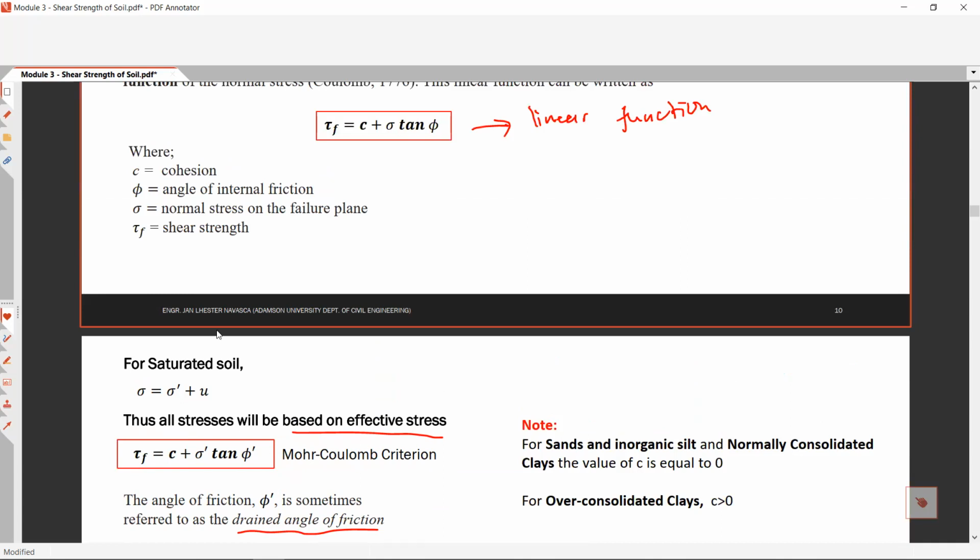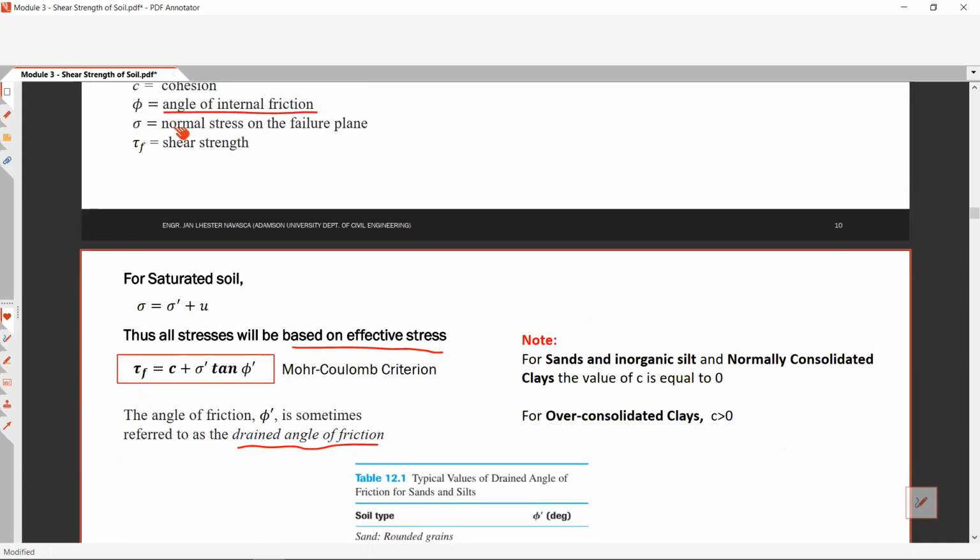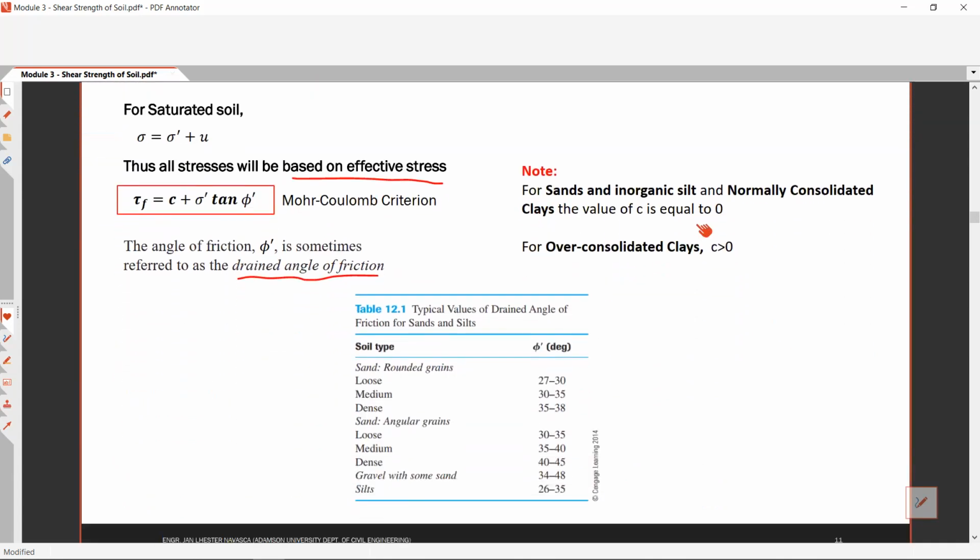Pag walang prime, that is the angle of internal friction. So take note, class, that for sands and inorganic silt and for normally consolidated clays, the value of cohesion, c, is equal to 0. And for over-consolidated clay, I think you all know by now what is normally consolidated and over-consolidated. For over-consolidated, the value of cohesion is greater than 0.